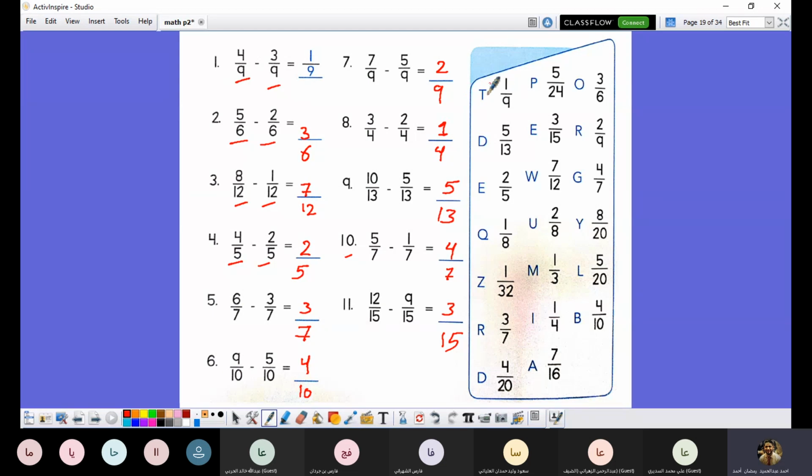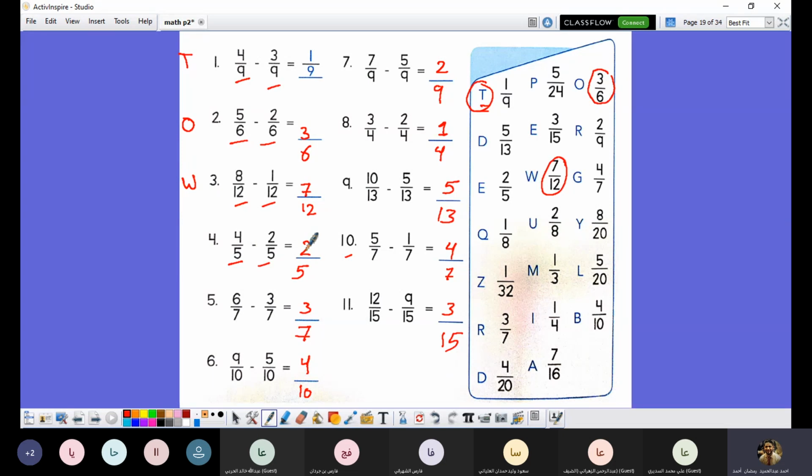Every number equals a symbol. 1 over 9 is T. And number 2, 3 over 6 will be O. And the next, 7 over 12 equals W.